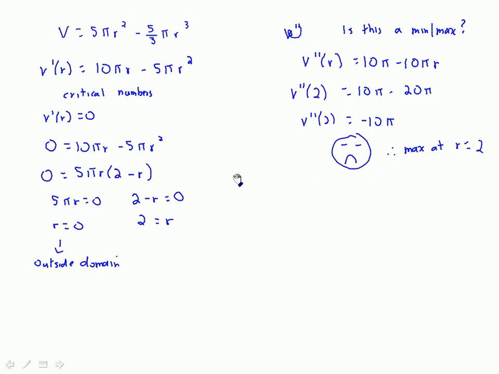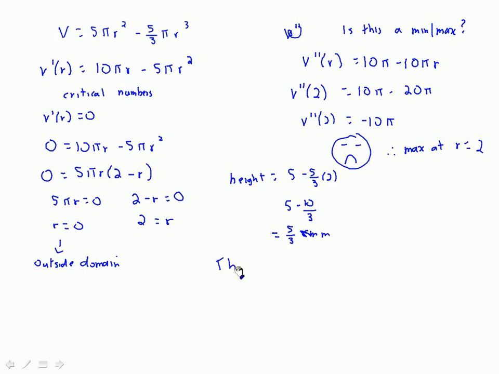So we better get the dimensions. The height will be equal to, well, we have that formula way back when, 5 minus 5 over 3 times 2. So when we work this one out, and I think we want exact values, we're going to get 5 minus 10 over 3. So when you work that one out, 15 over 3 minus 10 is also equal to 5 over 3 meters.